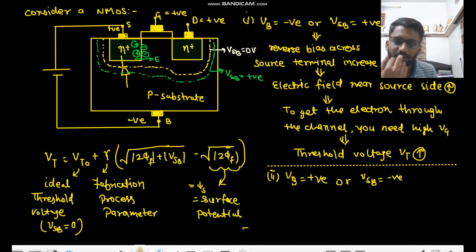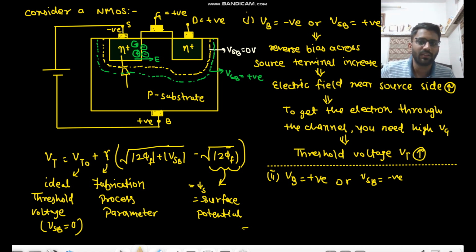Now this is negative and this is positive. So now the forward bias increases, right? The forward bias increases, the depletion width goes low, and because of that a high current flows in the MOSFET, and the device burns out.